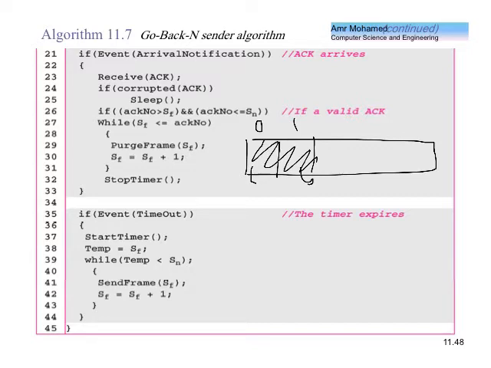So I have to always make sure that, that's why we have here greater than, and here we have less than or equal. Because SN is always here, which is the one that I'm trying to send now. I can receive an acknowledgement which is equal to SN. So if I receive an acknowledgement which is within SF and SN, this means that this is a valid acknowledgement. I need to process that.